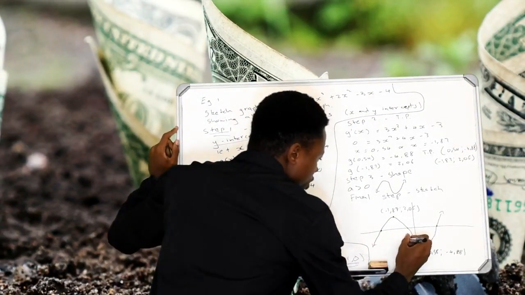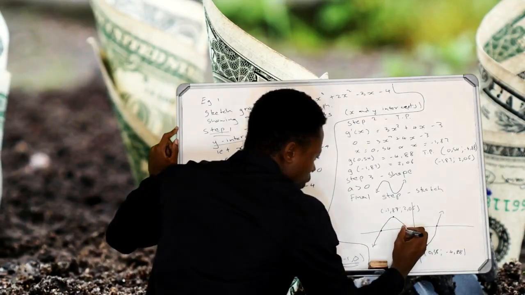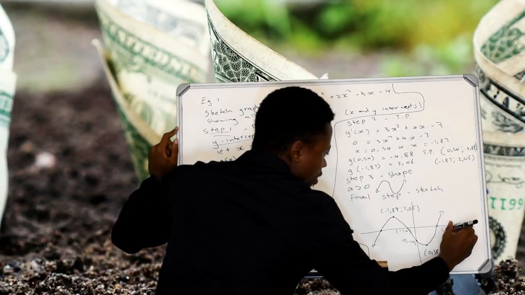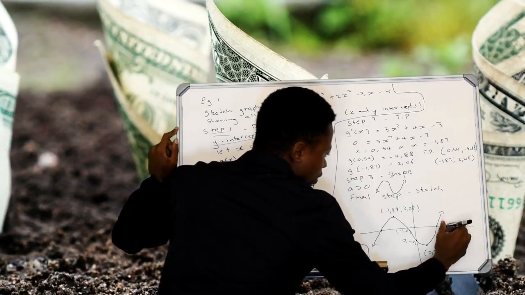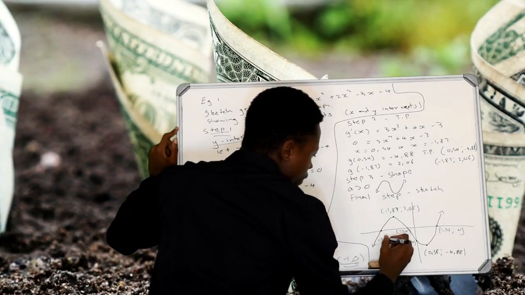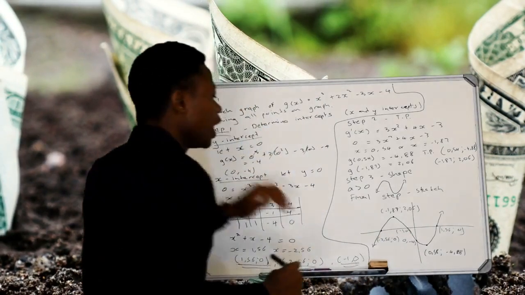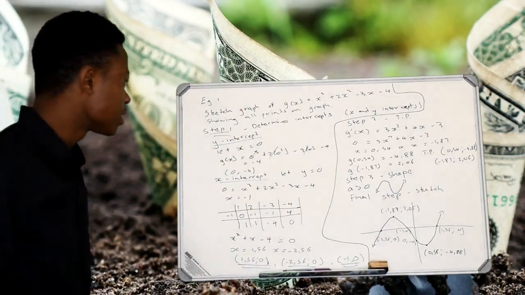So this will be 0 and negative 4. This one now was negative 1 and 0. This one's 1.56 and 0. And this was negative 5.6 and 0, right? You have to label all of your points, right?